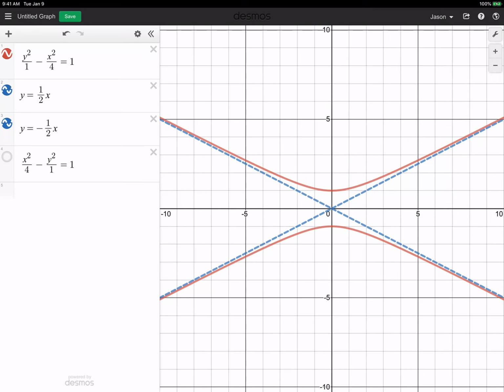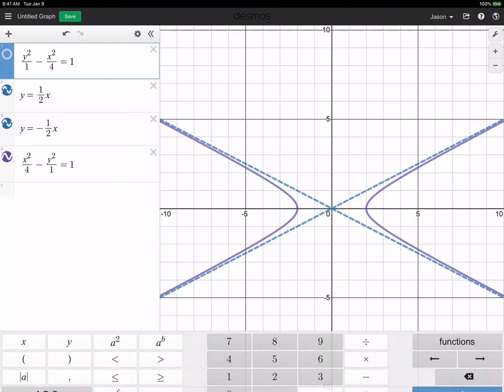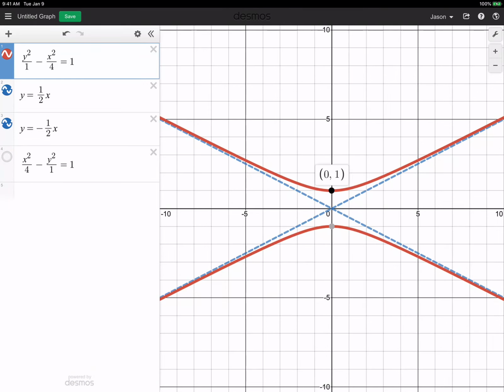For your second one, when we switch the x and the y, you'll get the purple graph. And actually you have the same asymptotes here. It's just the orientation switches and you get different branches. The vertices of your branches are negative 2, 0, and 2, 0. And for this one, they are 0, 1, and 0, negative 1.